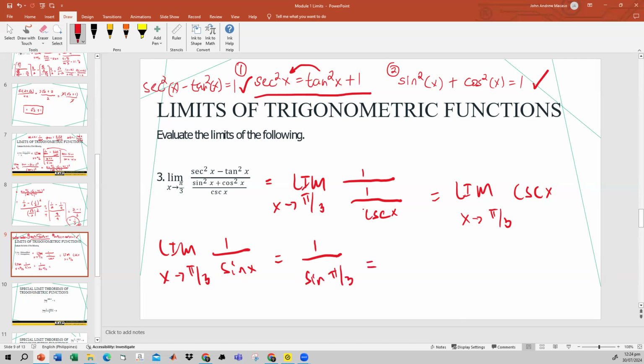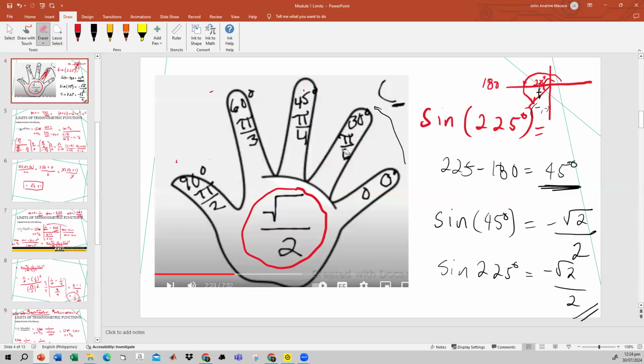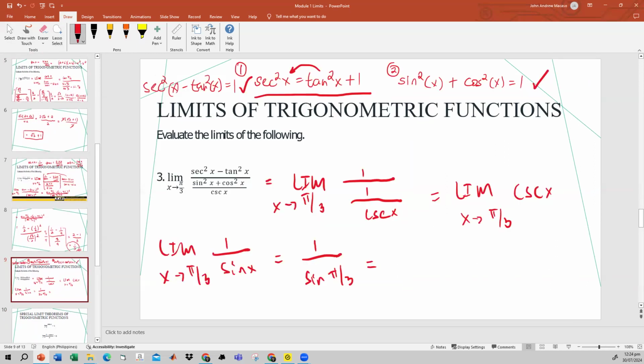So as you can see here, we can evaluate sine pi over 3, which is located on your index finger. So this is pi over 3. But again, we're looking for sine. So you just need to count 1, 2, and 3. So this is equivalent to 1 over square root of 3 over 2.